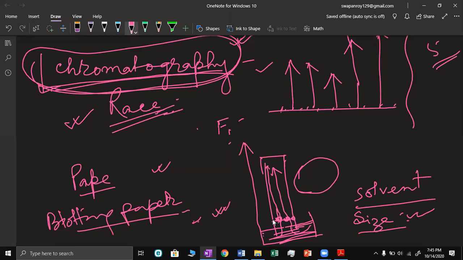So different molecules, different components will move at a different rate. Their rate of movement will be different.